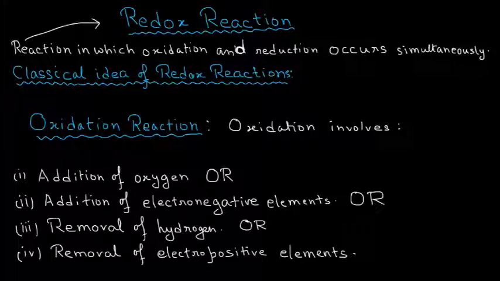So, before starting the lesson, let us tell you about the structure of this lesson and whom the lesson is for. This lesson is organized in such a way that it starts from a very simple topic, then it moves gradually to the tough topics.